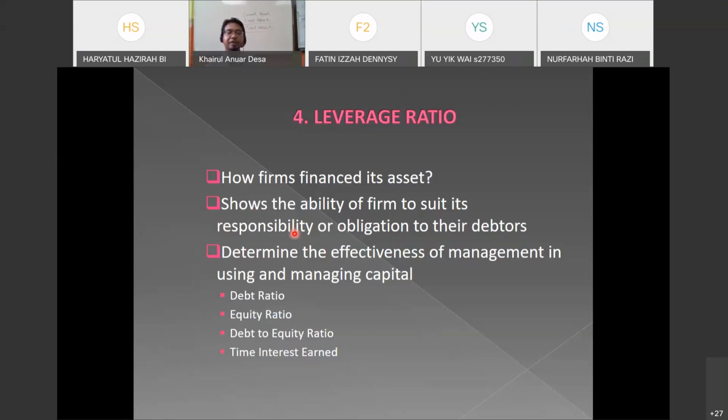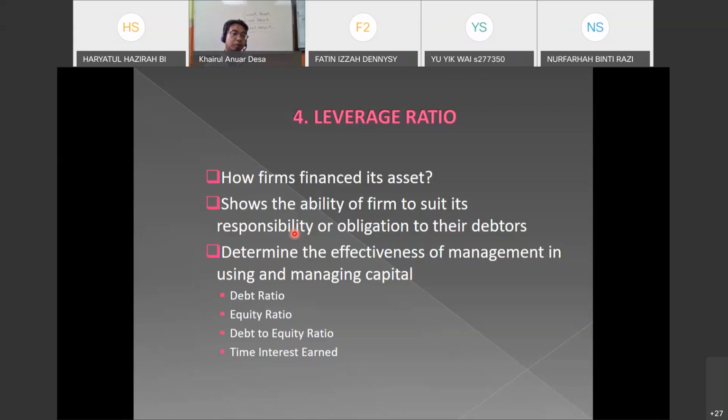Itu bermaksud teknologi cepat berubah. So biasanya kilang-kilang ataupun production manufacturing company, mereka tak akan beli secara cash. So selalunya mereka akan beli secara hutang. Secara pembiayaan. Okay, financing.